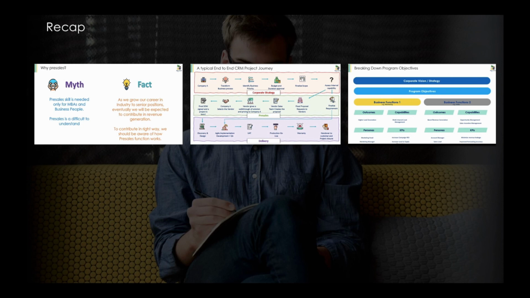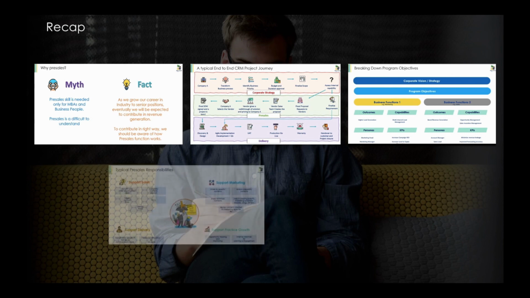We need to understand the outcome, capabilities, personas involved, and KPIs that the customer wants to track. If we have a good content around this, then our proposals will become winning proposals. I mean, we will seriously relate to the customer, and we will be aligned to their thought process. So our winning chance increases exponentially.